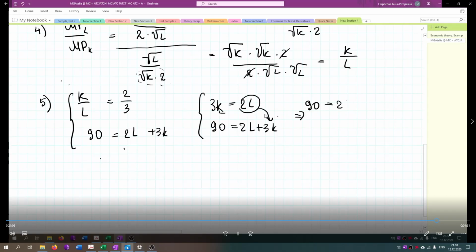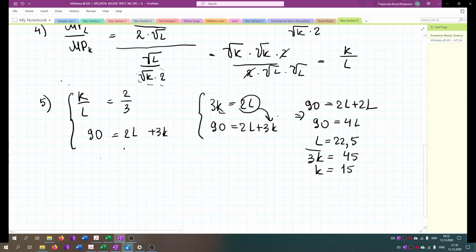So like this, and finally we'll receive that 90 is equal to 4L. L is equal to 22.5. 3 capital is equal to 45. K is equal to 15, and it is our optimal choice.